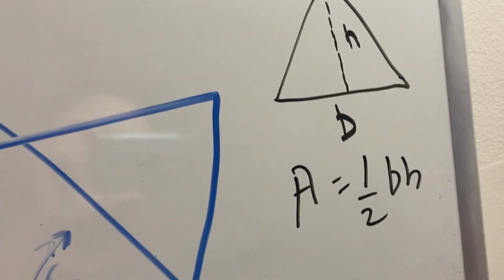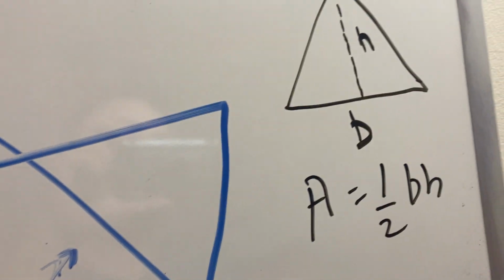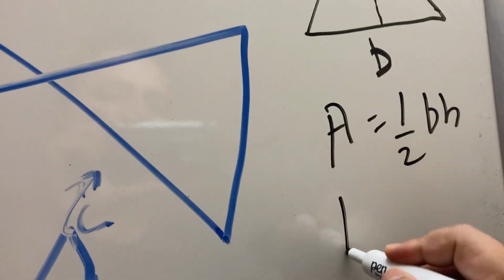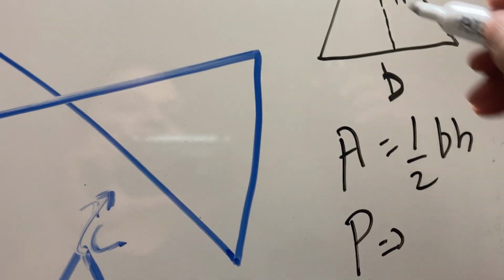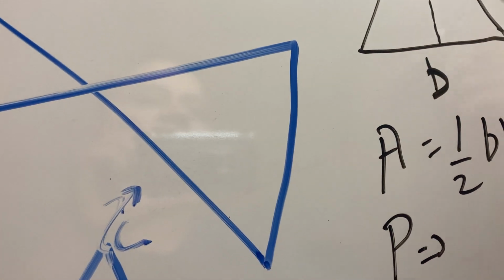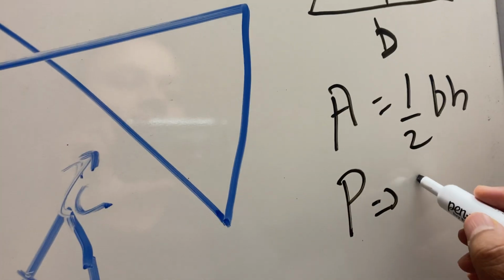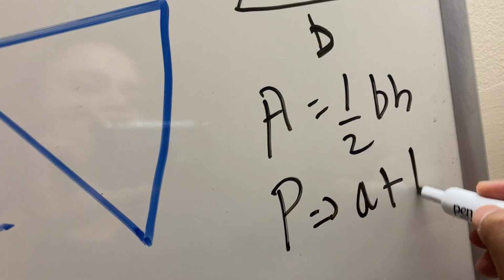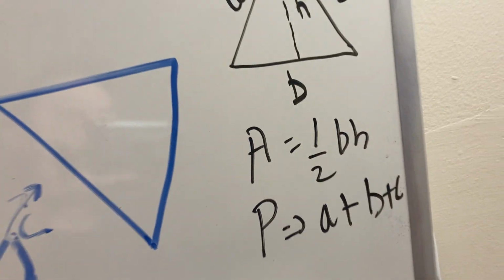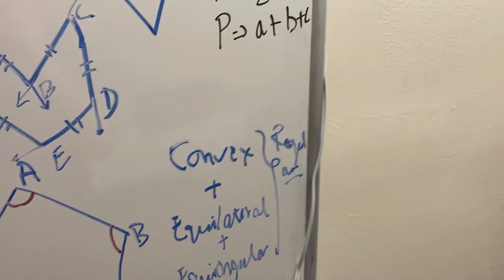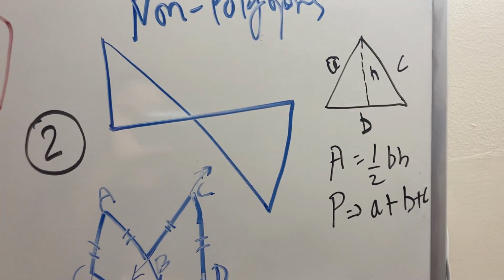But the important piece is, what is the perimeter of this triangle? Let's say the sides are A, B and C. So the perimeter will be A plus B plus C. That's the perimeter of your triangle.